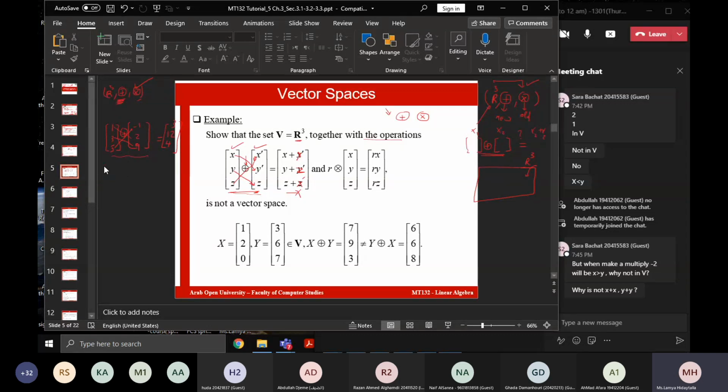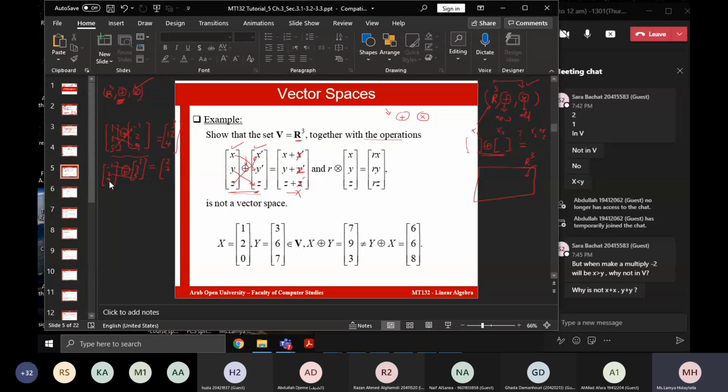Let's change. -1, 2, 9 is the first vector, and the second vector is 1, 3, 5. We did a commutative swap; we said it must be commutative. So now -1 plus 3 is 2. 2 plus 5 is 7.